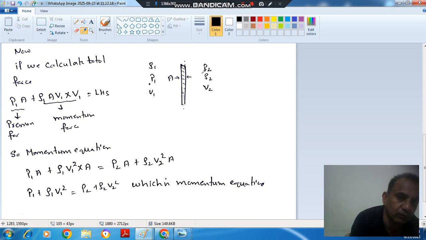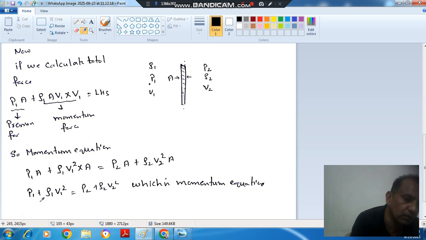This force is transmitted to this fluid, so the pressure transmitted is P2 into A, and the velocity transmitted is rho2 A V2 into V2, same way. So it will be rho2 V2 square A. A will cancel out because the area is the same here and here.